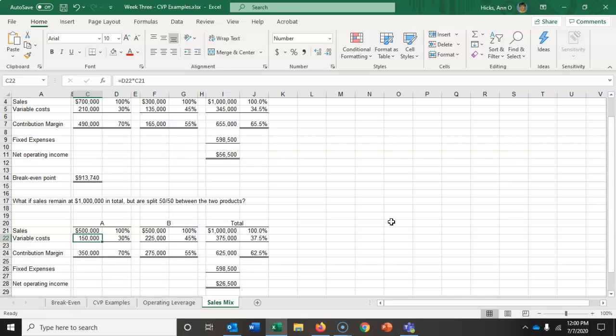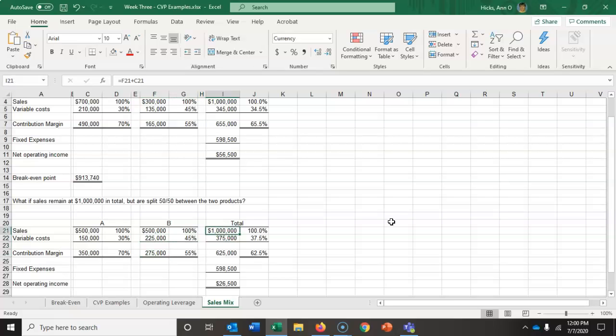So variable costs will go down and the contribution margin for product A will be $350,000, lower than in our budgeted numbers. For product B, sales are going to be $500,000 as well, and their variable costs will actually go up because they have a higher 45% variable cost ratio, and then their contribution margin is going to be $275,000.